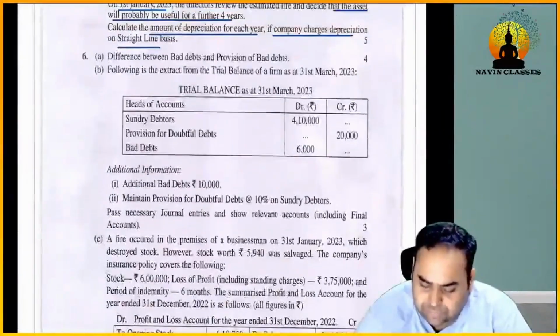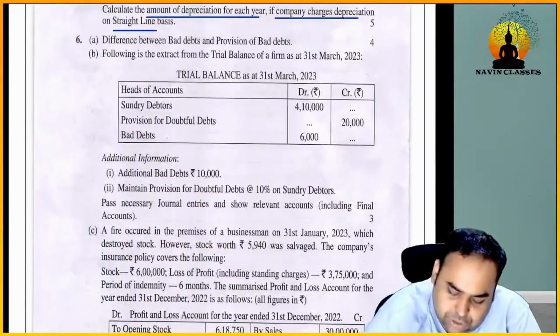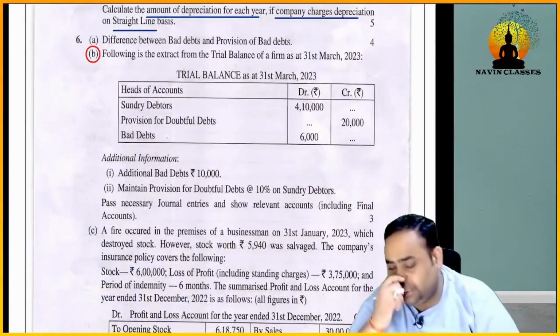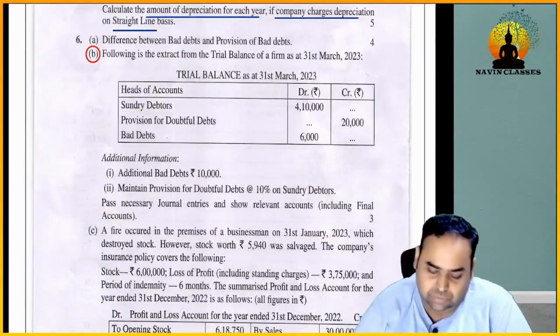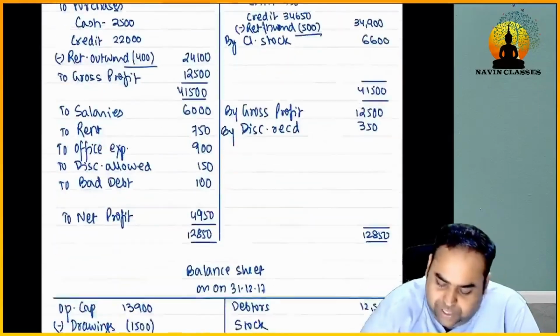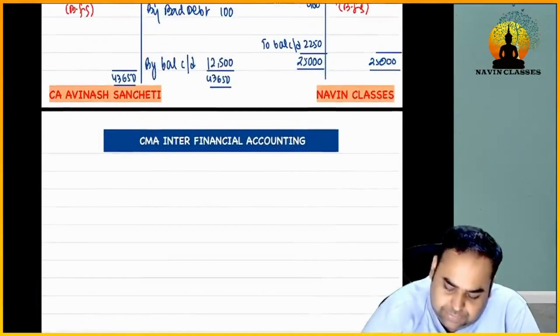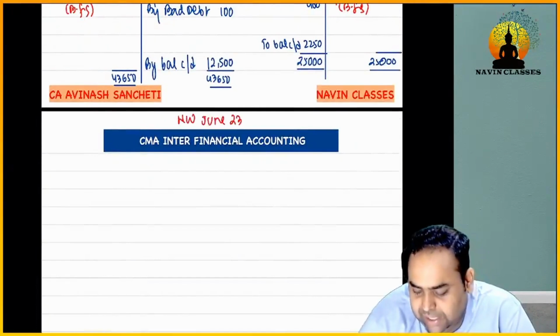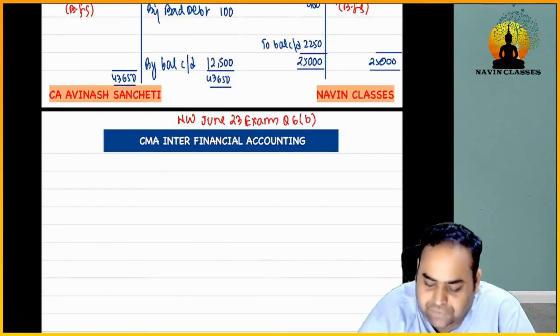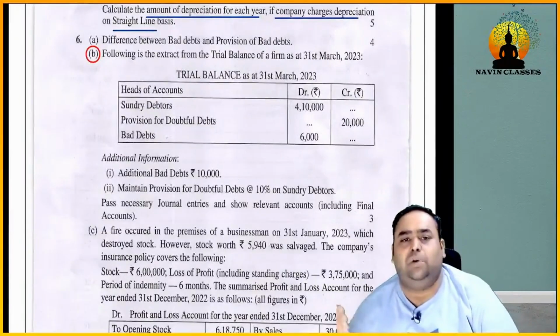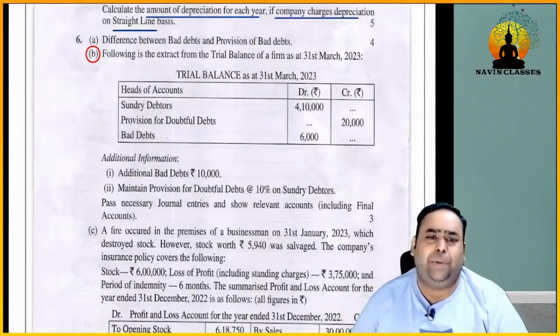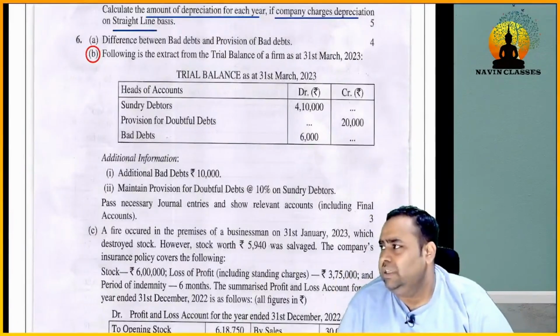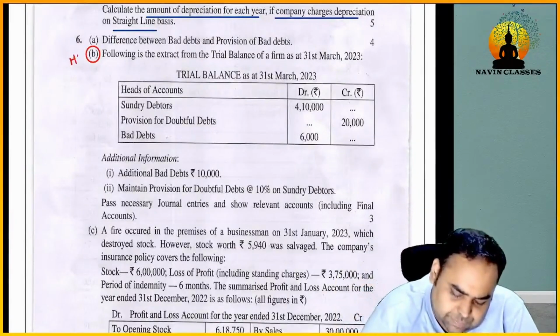Question number 6B from June 23 exam paper. You should keep practicing final accounts while we are still dealing with single entry. Practice will make the chapter properly understood in your mind. Students, this is your homework.